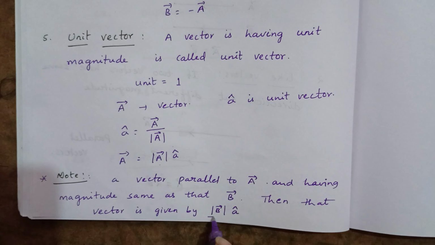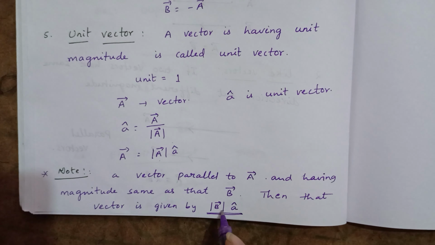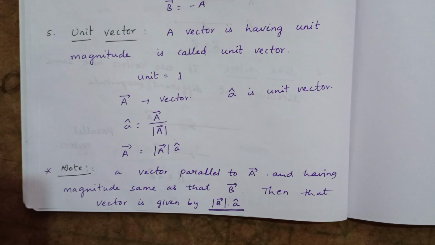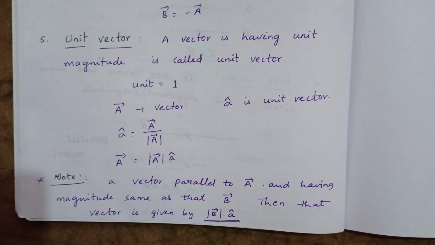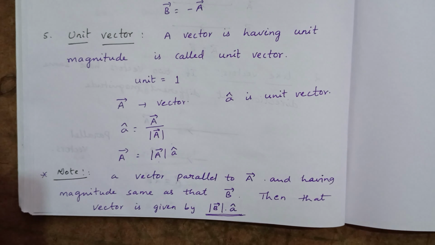Then that vector is found by using magnitude of B bar into unit vector of A. Like this we can find the given vector.